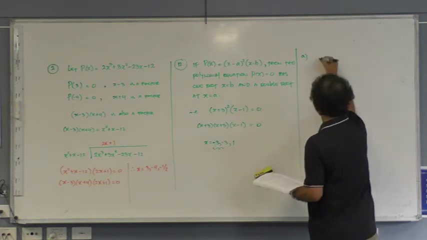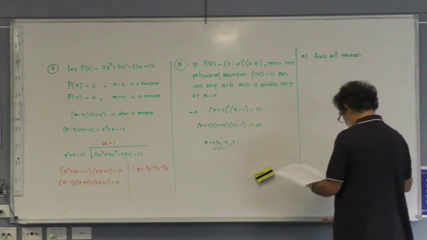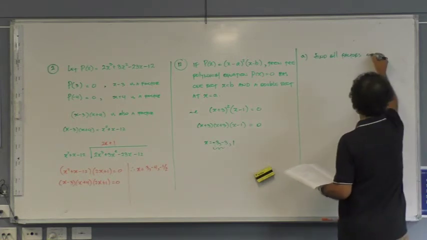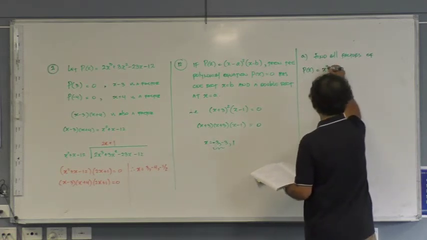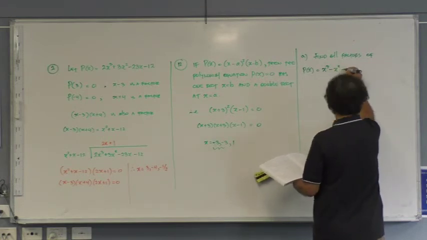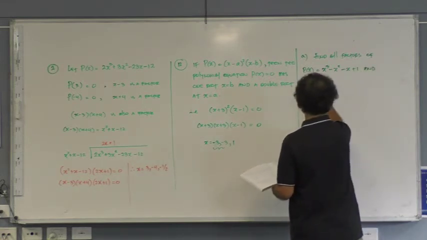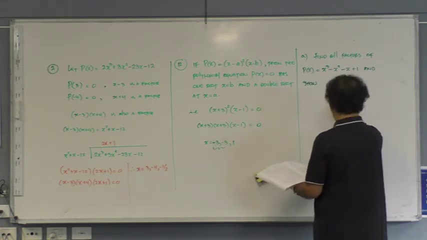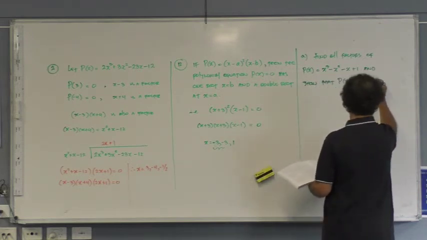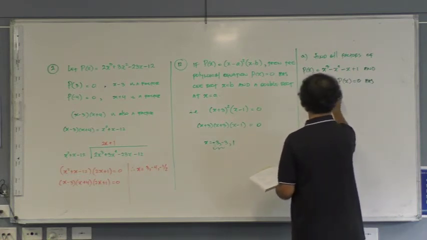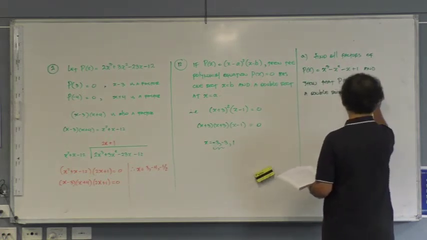Part A: find all factors of P of x equal to x cubed minus x squared minus x plus 1, and show that P of x equals 0 has a double root at x equal +1.